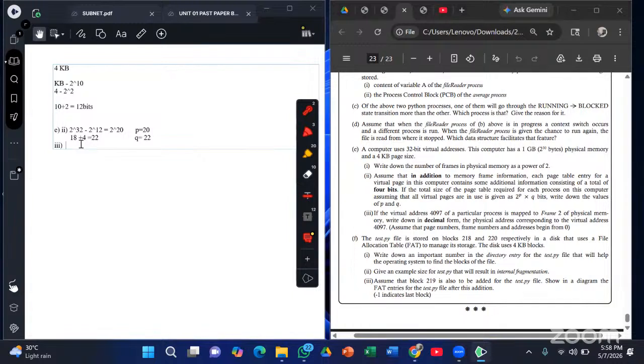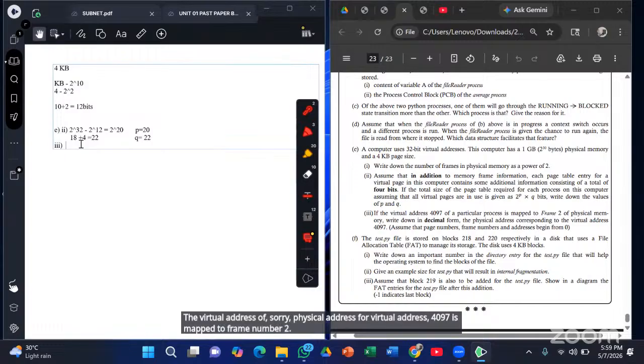Sorry for that. The physical address for virtual address 4097 is mapped to frame number 2.